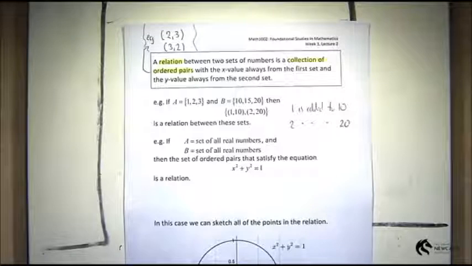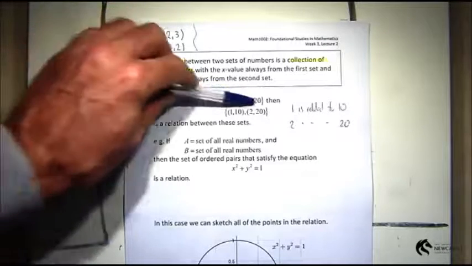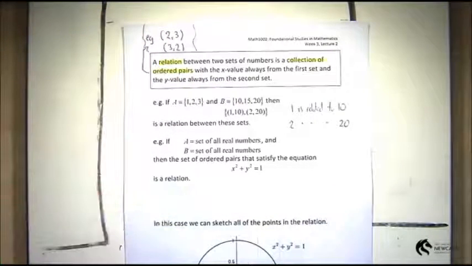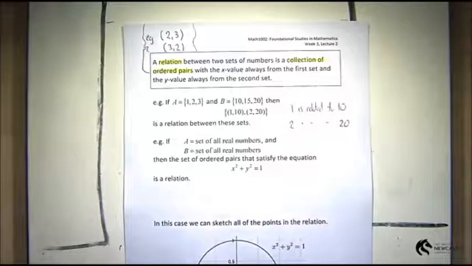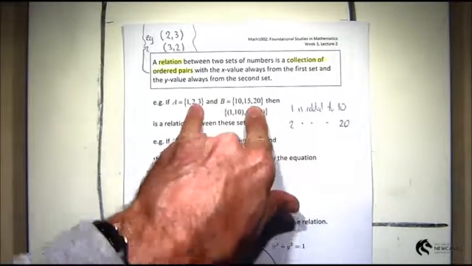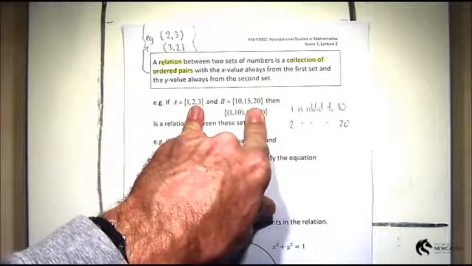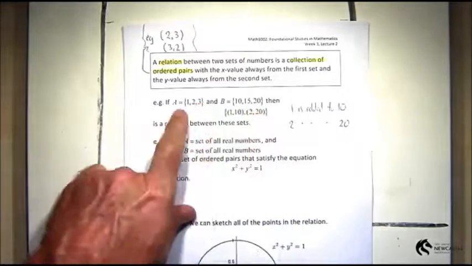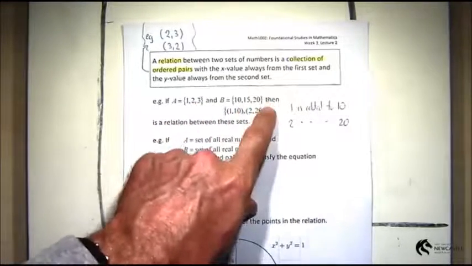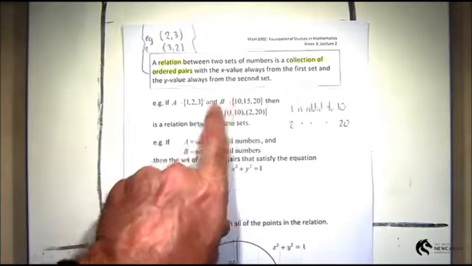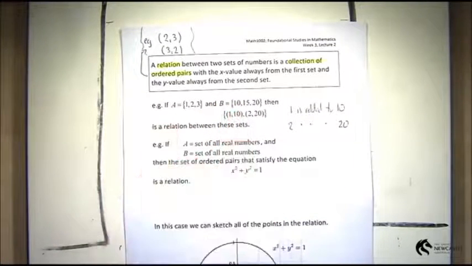I can make any combination of these whatsoever, just some collection. There are an infinite number of possible relations in there, because I could go 1's related to 10, 1's related to 15, 1's related to 20, and whatever. Well, I guess it's not infinite here. But I can make up a whole lot of different relations.